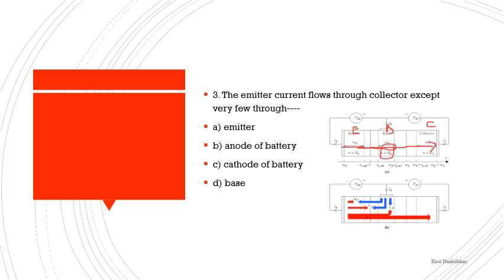As the base is very lightly doped, a very small amount of current flows through it, and the collector is moderately doped, so IC is somewhat less than IE. So the correct option is option D, base.